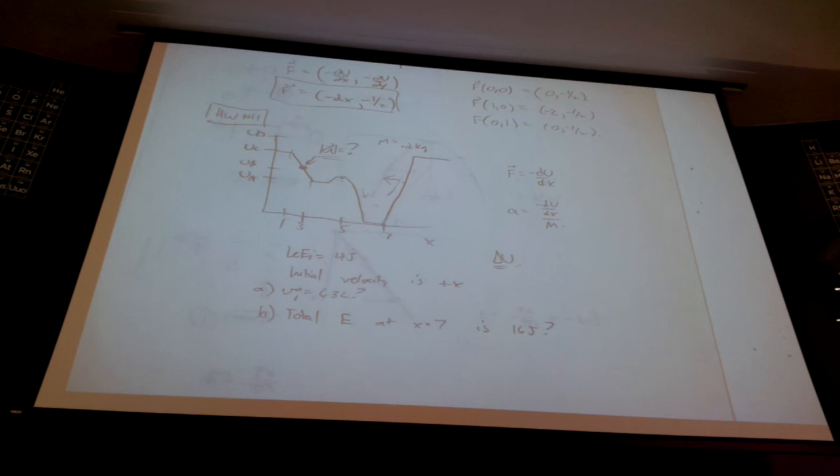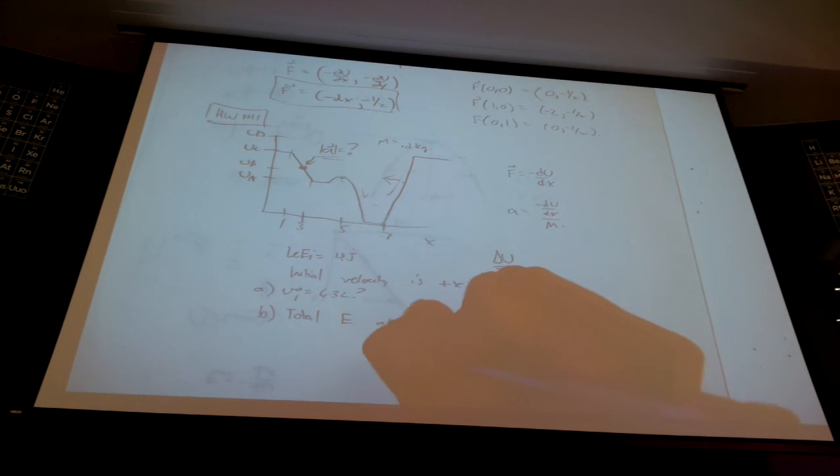How would I find its total energy at some other point? It's the mechanical energy minus the potential, and you get kinetic. At the bottom there's no potential energy, so it has to be all kinetic energy. What is it about the total mechanical energy? It's conserved, because there's no friction and there are no applied forces.